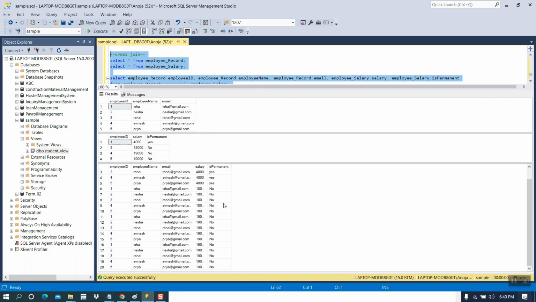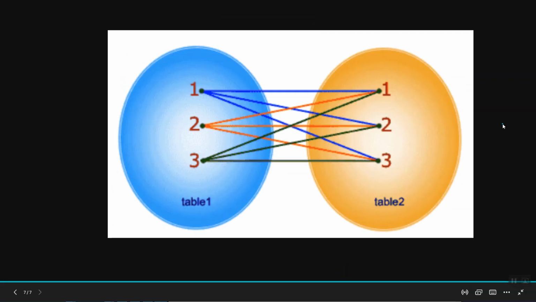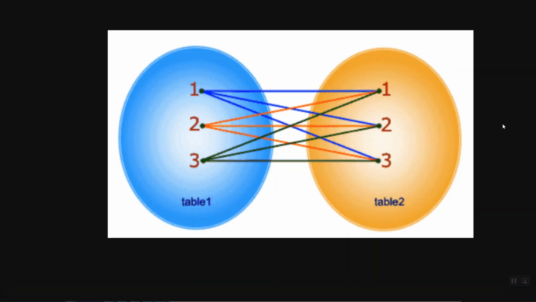Here you will have 20 records. This is how we make cross joins.